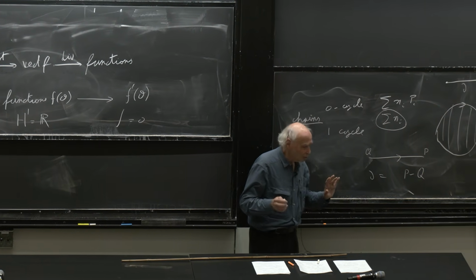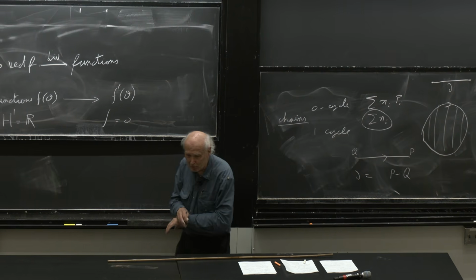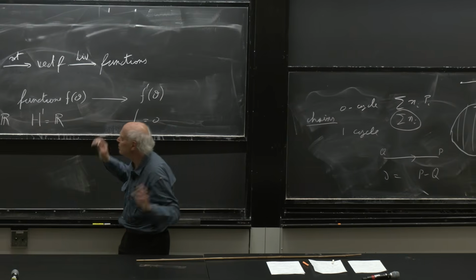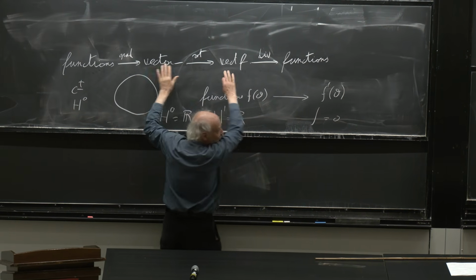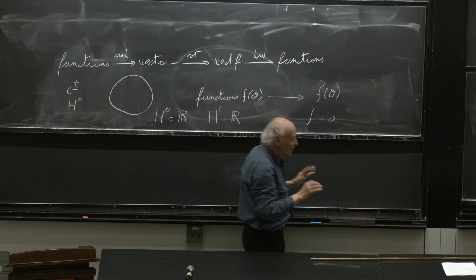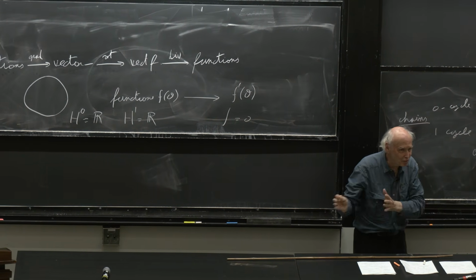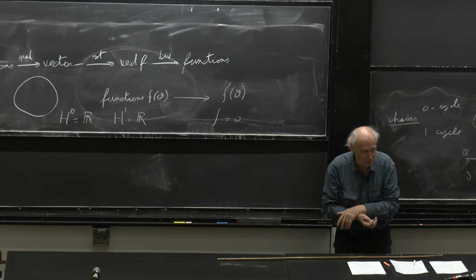So sometimes I will be a little vague between homology and cohomology, because in addition there is some duality, which you see here: functions here and here, vector fields here and there. And so, in fact, there is a natural isomorphism between homology and cohomology, and I will be vague when I use one or the other.